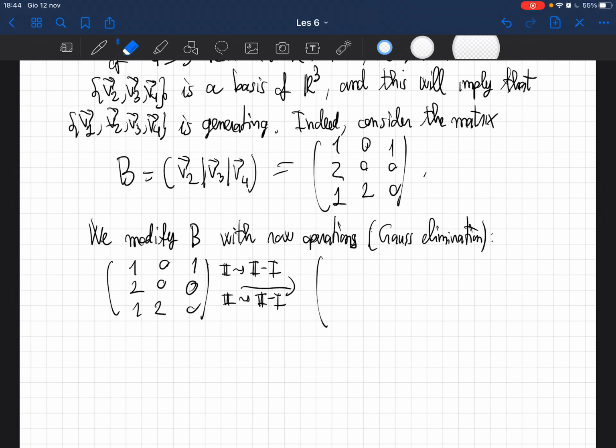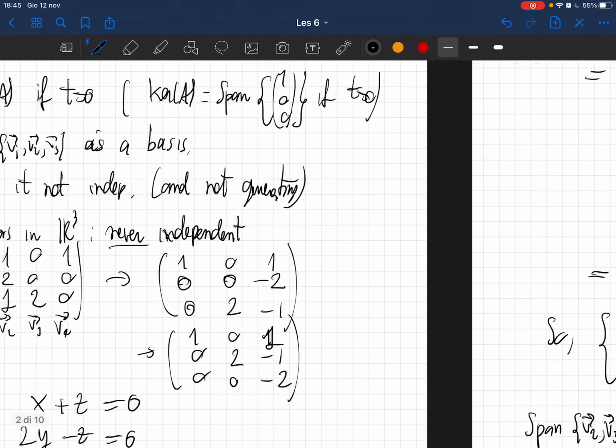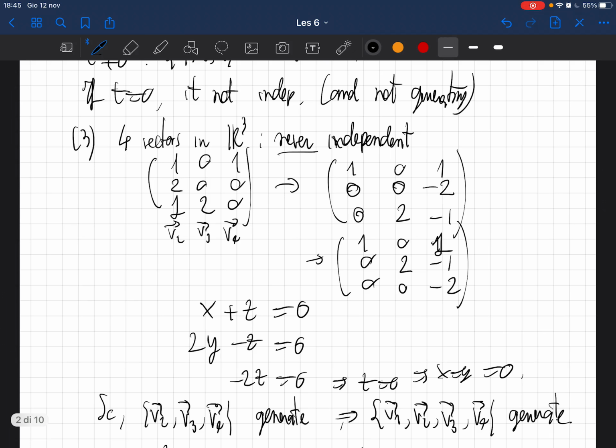So, not minus the first, minus 2 times the first, better. Okay, very good. So 1, 0, 1. There's an error here. No, there's not an error here. So 0, 0, minus 2, I hope. Is it correct? Or was I wrong before?